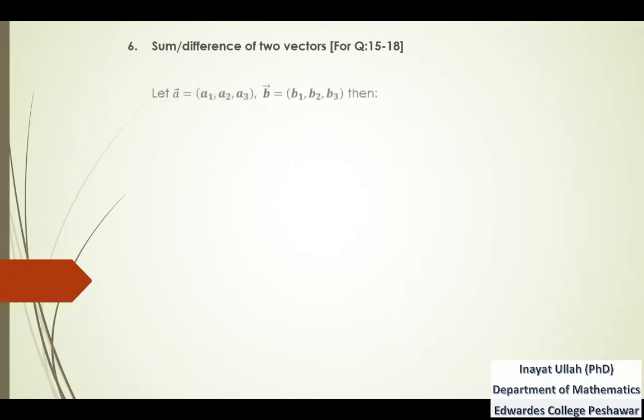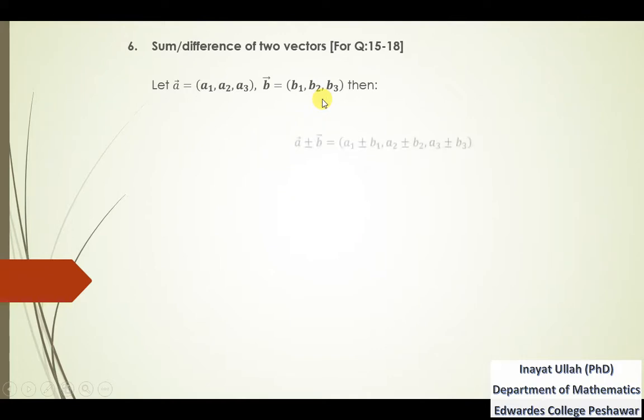For example, we are given two vectors, vector A whose components are a1, a2, a3. This vector may be a 2D vector a1, a2, but we are considering here the ordered triple a1, a2, a3. Similarly, a second vector B is given to us, b1, b2 and b3.